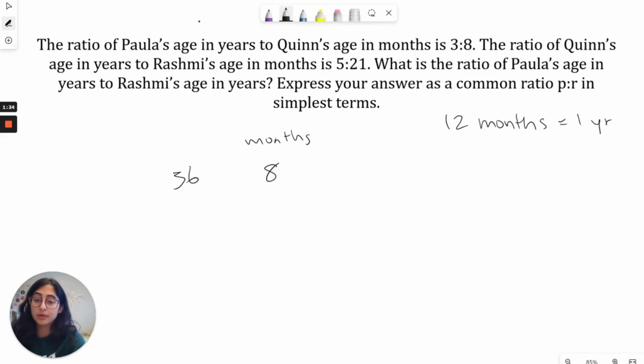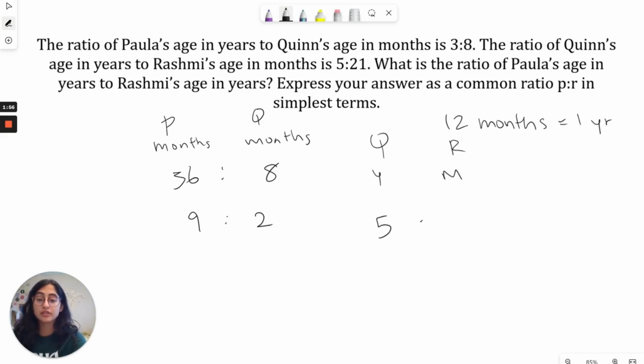Now if we want to find the ratio of Paula's age in months to Quinn's age in months, it's going to be 36 to 8, or we can simplify this by dividing both by 4 to get 9 to 2.